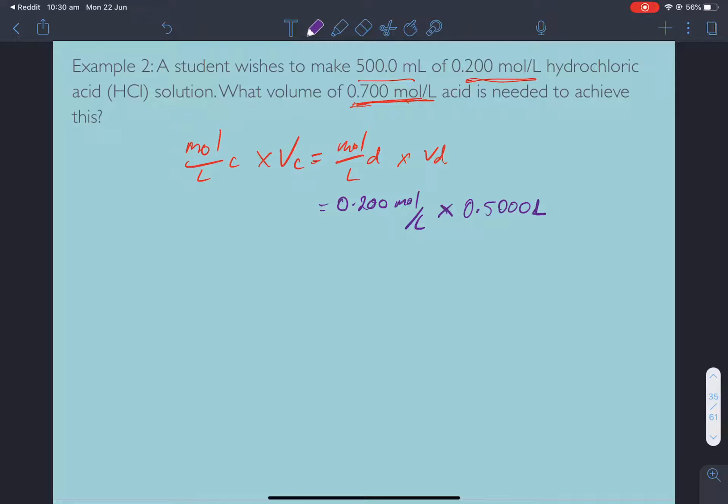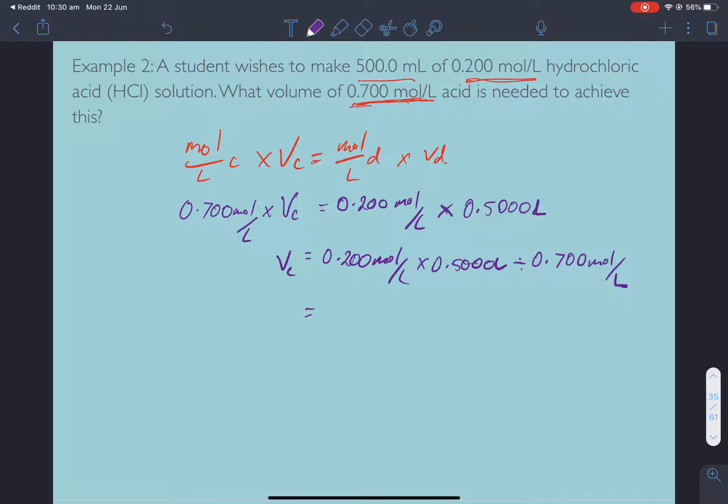Okay, what volume of our concentrated, so that's our unknown, so we'll leave that in there, and the concentration of the concentrated is 0.700 moles per litre. Okay, so to find VC by itself, we're going to take 0.200 moles per litre, multiply it by the volume, litres, and divide it by the 0.700 moles per litre.